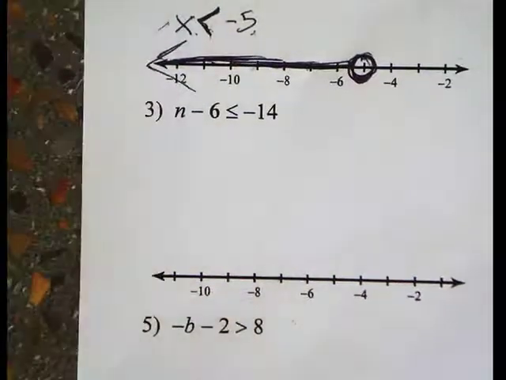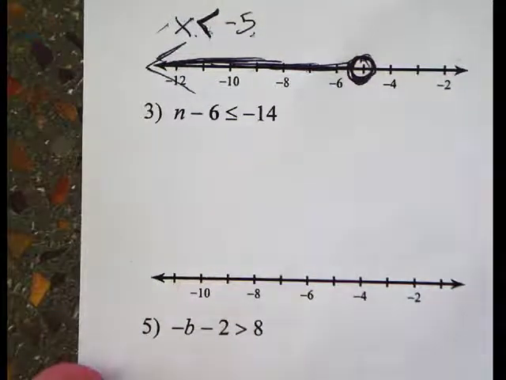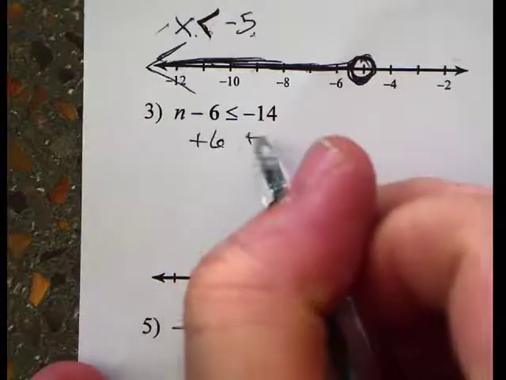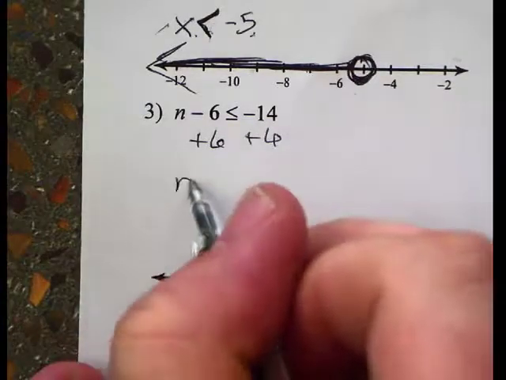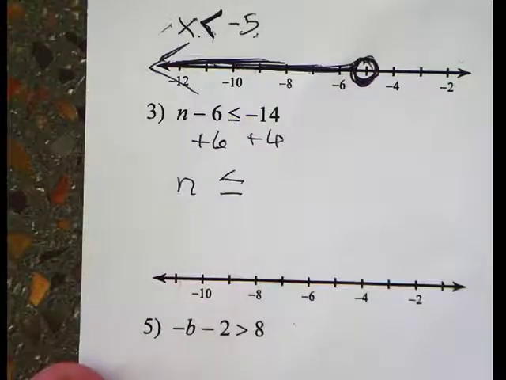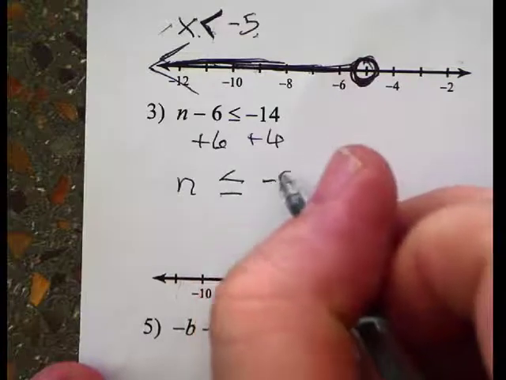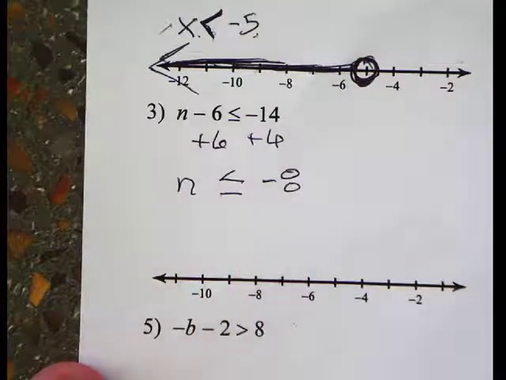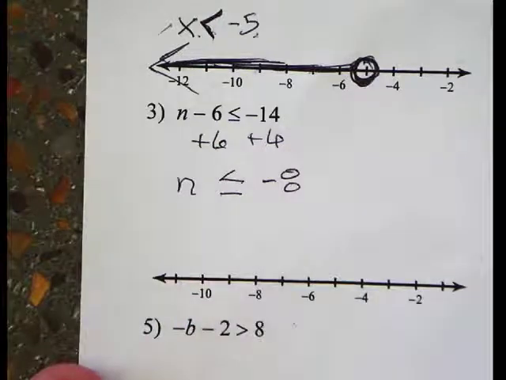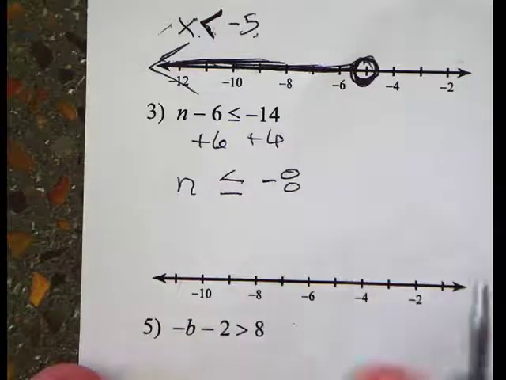Okay. Number 3. N minus 6 is less than or equal to negative 14. I'm going to add 6 to get the n by itself. I'm left with n is less than or equal to negative 14 plus 6, negative 8. Okay, now the n is on the left, and so I don't need to worry about switching anything.